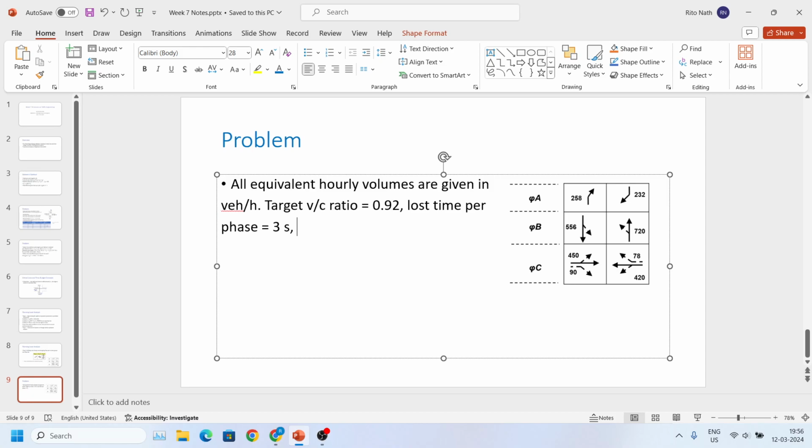So you have this YC1. How many phases do you have? Okay, 3 phases. YC2 plus YC3. This equals 0.752. I'll explain what this is later.